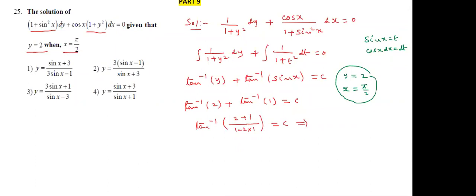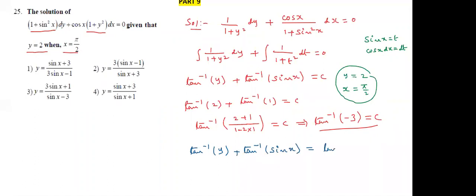Overall, observe this. That is tan inverse of minus 3 only. Which value? C value. Again substitute there. Finally we get tan inverse of y plus tan inverse of sin x, that is equal to tan inverse of minus 3.